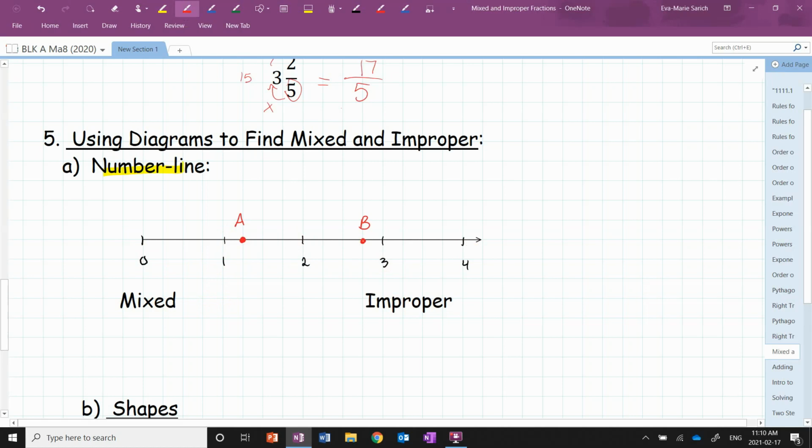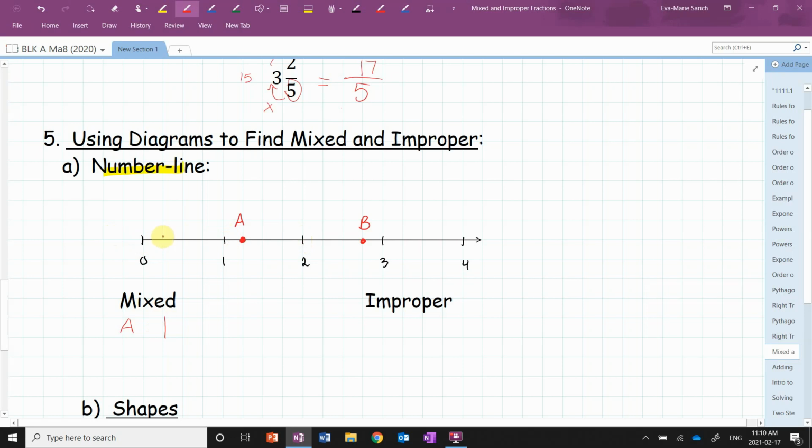So if we were to look at point A, that is a mixed number. What happens? We've gone past a whole number of 1. So that is a 1. And then we've gone part way to 2. That's kind of like eating part of the second pizza, right? But how many pieces is the pizza cut into?